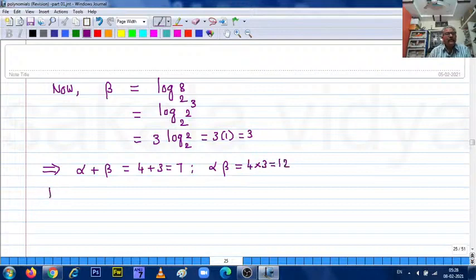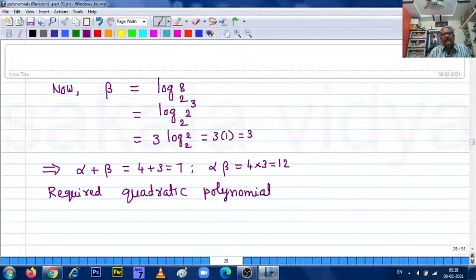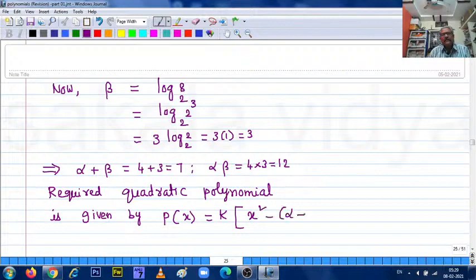So now the required quadratic polynomial is given by p of x is equal to k times x square minus (alpha plus beta) into x plus alpha beta. This is the formula you need to remember.